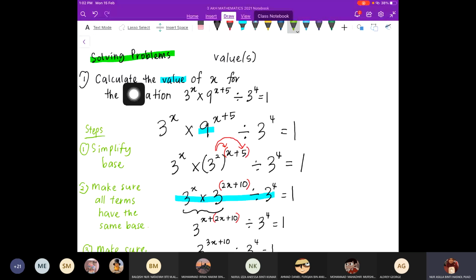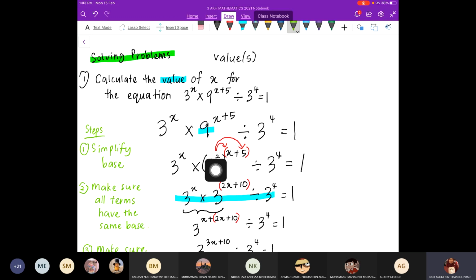Okay, so when you find the value of x dalam equation index macam ni, first things first, kamu kena simplify base. Make sure semua base kita dalam bentuk yang termudah. The simplest one. So 9, kita change into 3 to the power of 2.